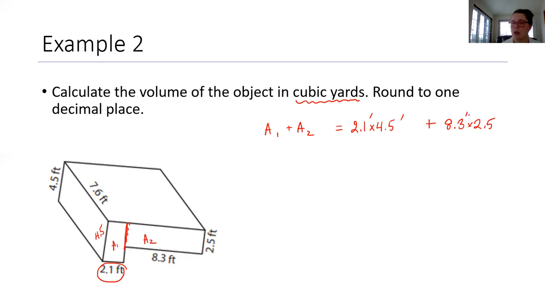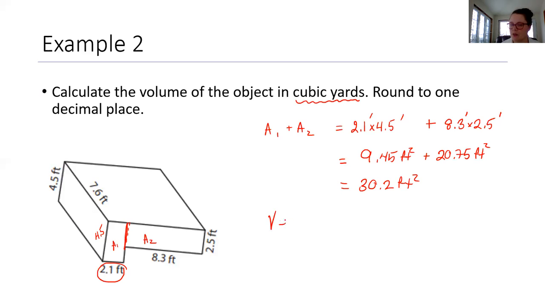Again, everything is in feet, so our area is going to be in square feet. We're keeping things in feet till the very, very end. If you put that into your calculator, you will get 9.45 feet squared plus 20.75 feet squared, which gives me a total area of 30.2 square feet.